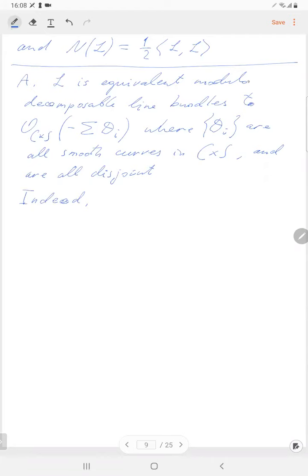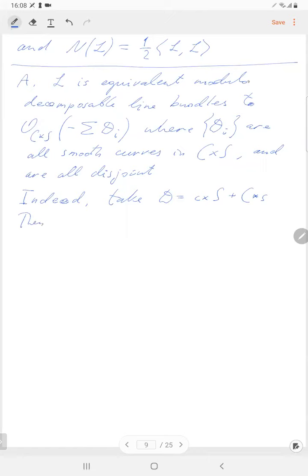So let's consider the following divisor D. There's just one horizontal fiber, plus some vertical fiber. Okay.